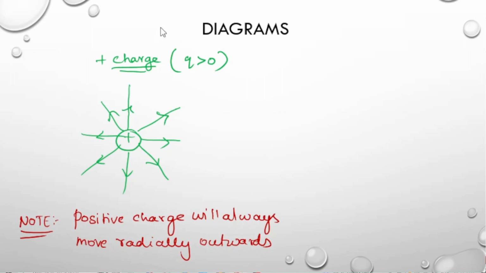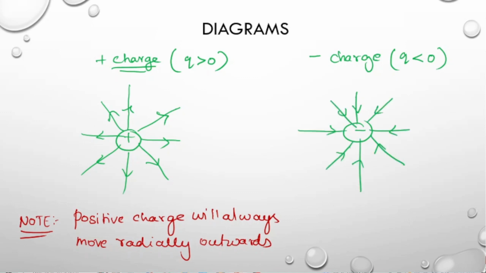Next, you are asked to draw the negative charge. If you are asked to draw the negative charge, they can also tell Q is less than 0. That means it's negative charge. So you have to draw it in a similar way, but it comes inside. You show the arrow marks going inside, something like this.